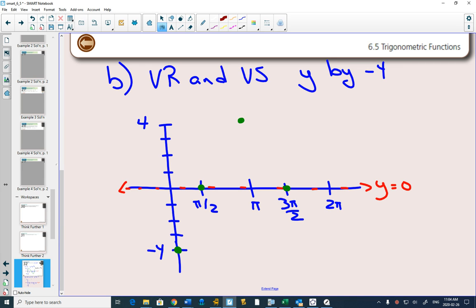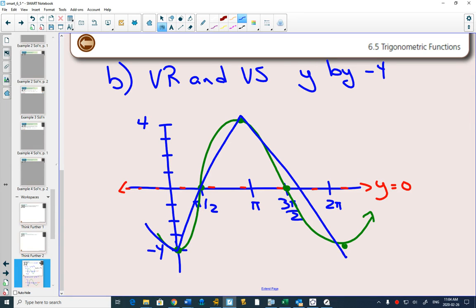Back to the center line, back to the minimum. Every time you draw your sine graph, it has to have this nice curve to it. If you draw it with straight lines, you will lose a half a mark because it's not the right shape.